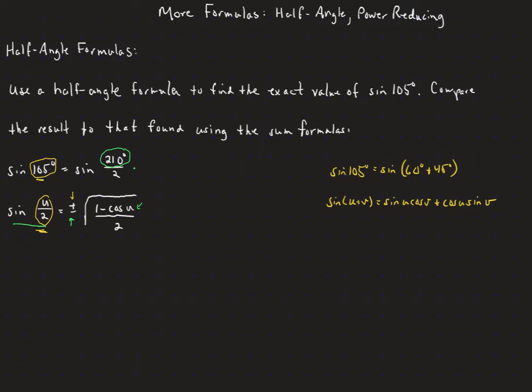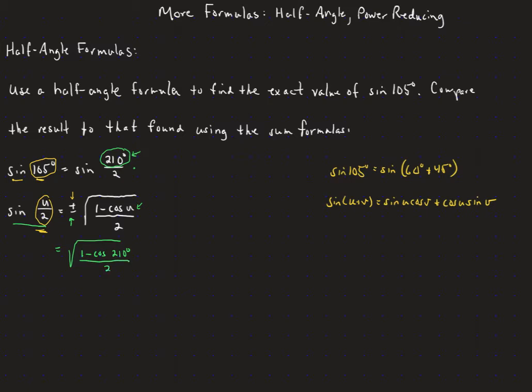So 105 degrees we know is in quadrant 2, and the sine of an angle in quadrant 2 is going to be positive, and that is why we will choose the positive square root of 1 minus cosine u over 2. Now we will go to 1 minus the cosine of, and here's where we're going to use this angle, the 210, and then over 2.